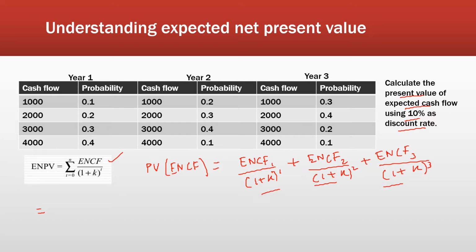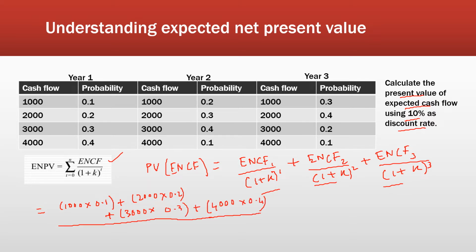For 3 years, at first you will find the ENCF for year 1, that is 1000 multiplied by 0.1 plus 2000 multiplied by 0.2 plus 3000 multiplied by 0.3, like this, by 1 plus the discount rate, that is K, that is 10% here, that is 0.1, 10 by 100, to the power 1.